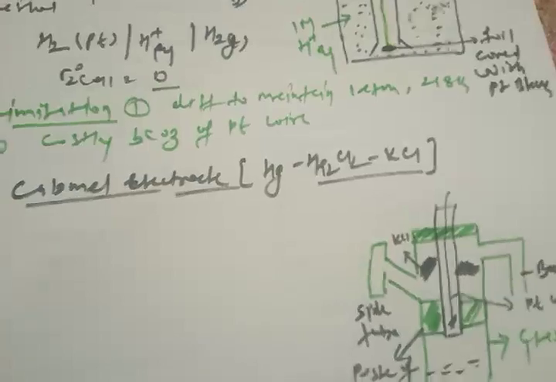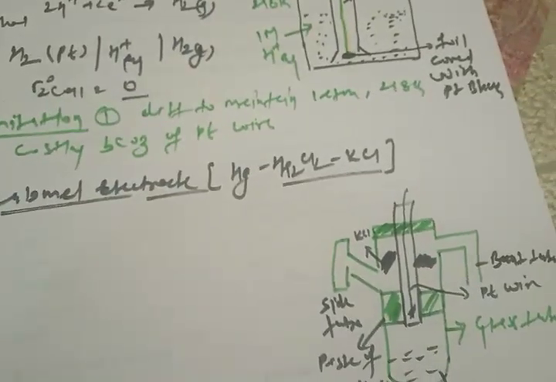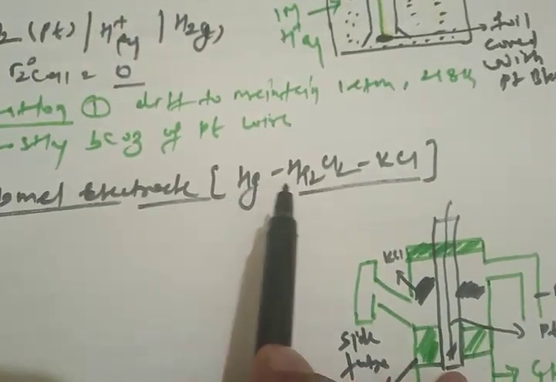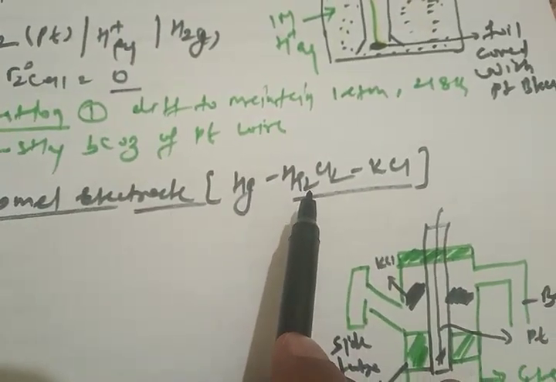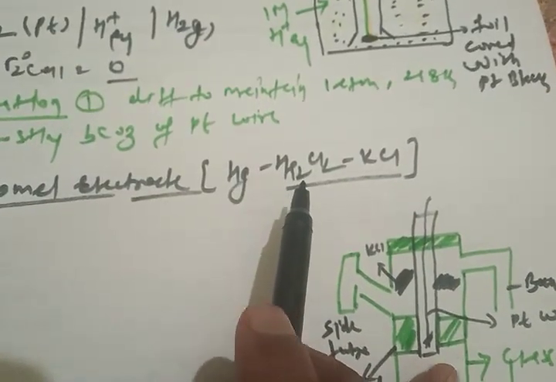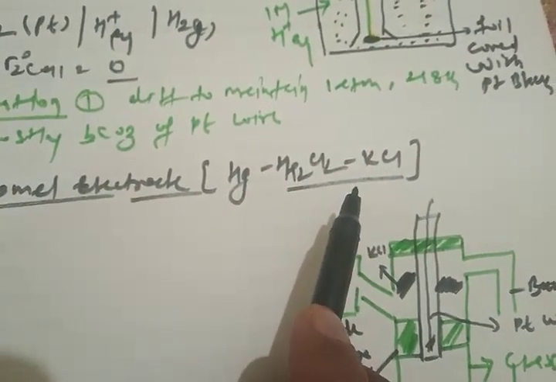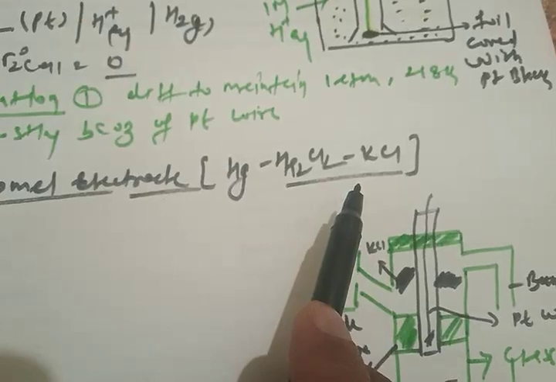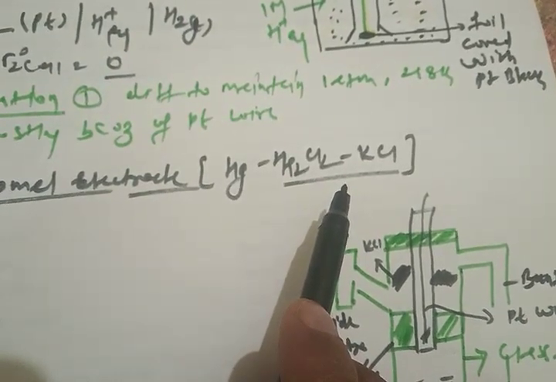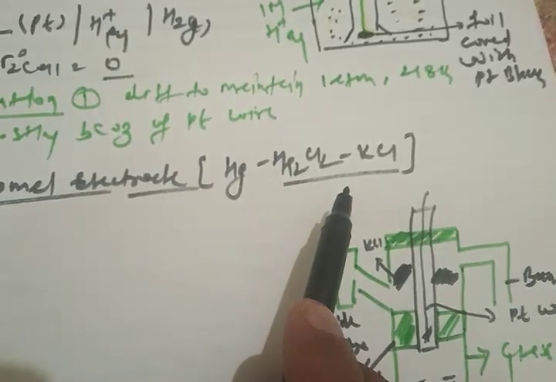So this electrode is actually the mercurous chloride electrode. In this case we are also using KCl. So the KCl concentration varies and the value of the electrode potential varies.